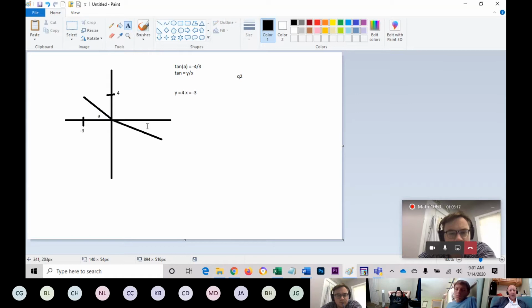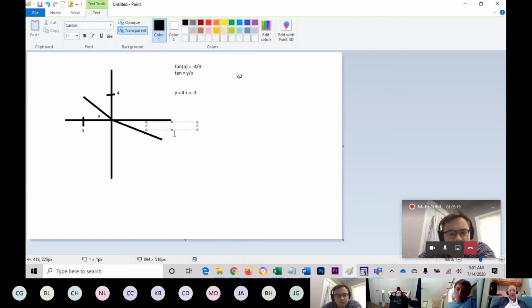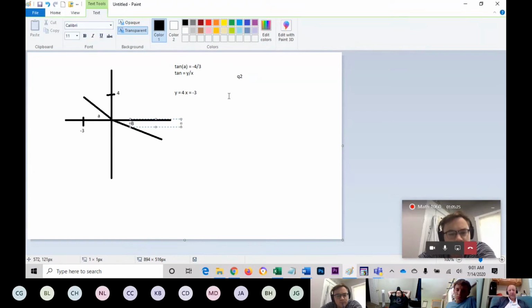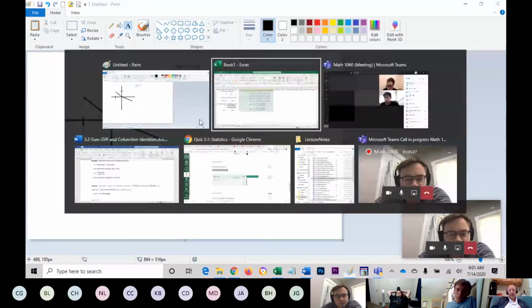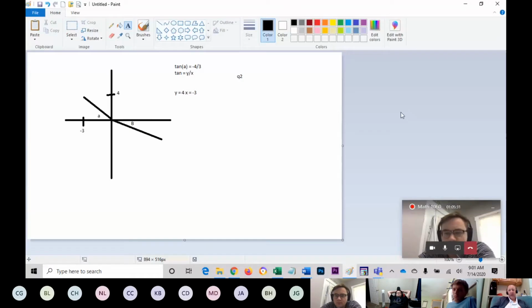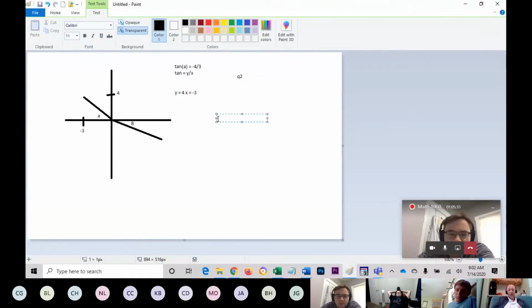I just don't want it to look like a diagonal line. So that angle there is beta. We know that the tangent of beta equals negative 5/12.